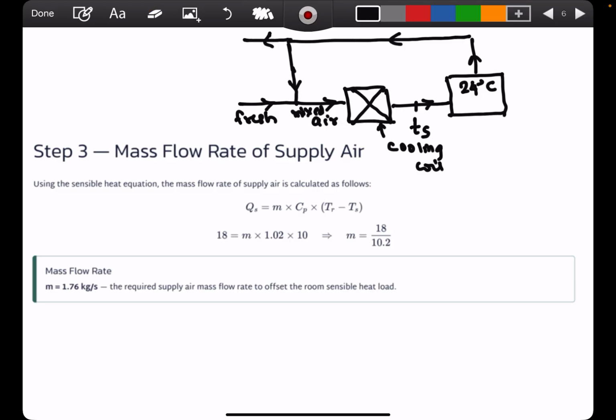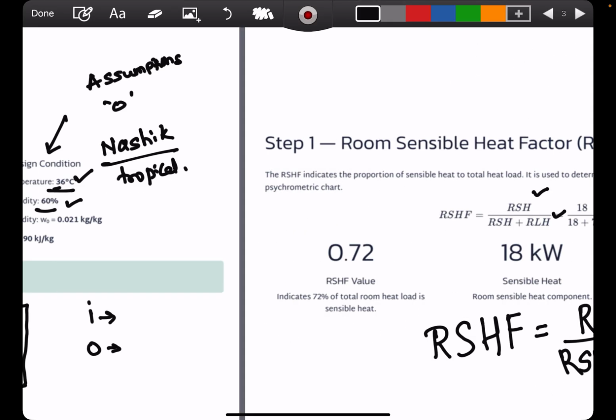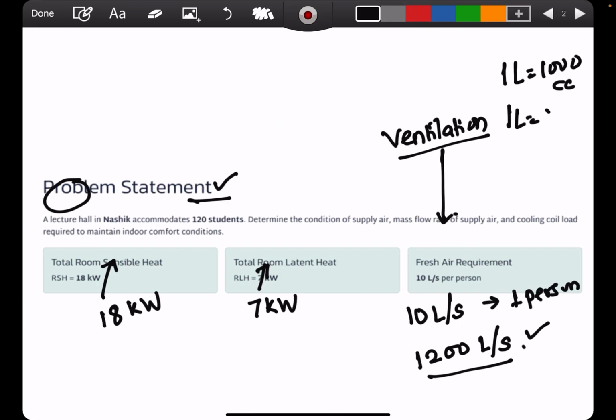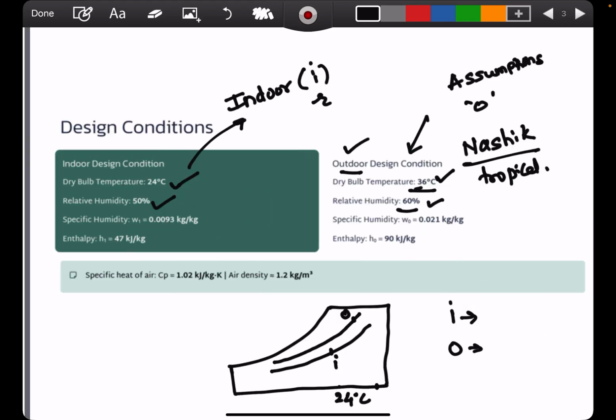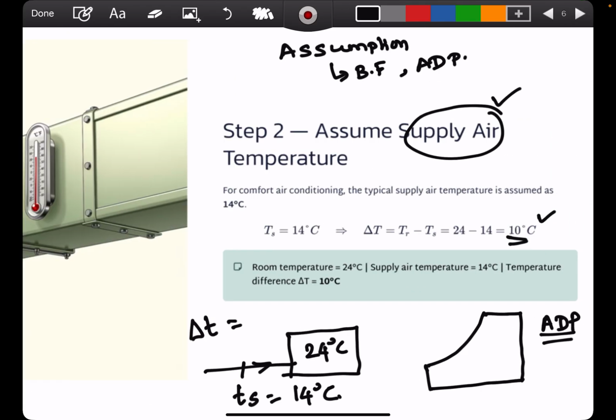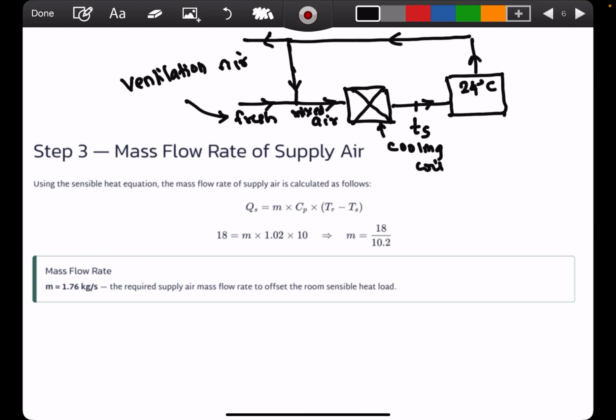So this fresh air which is introduced is called ventilation air, and this ventilation air in our case is already defined, and that is given to be 10 liters per person, or it is 1200 liters for 120 students. So this is already given, 1200 liters per second is to be supplied.